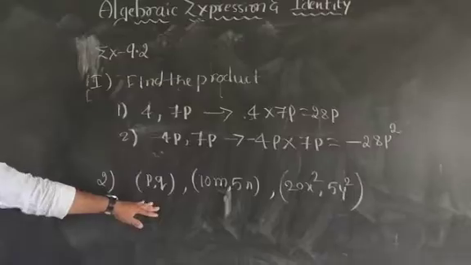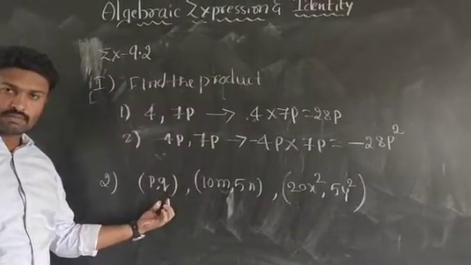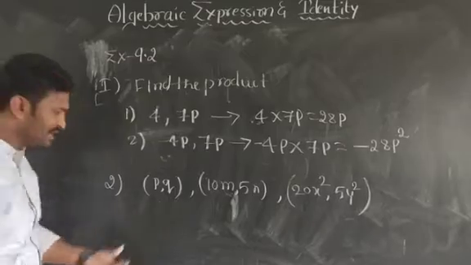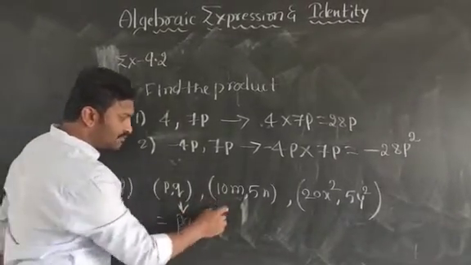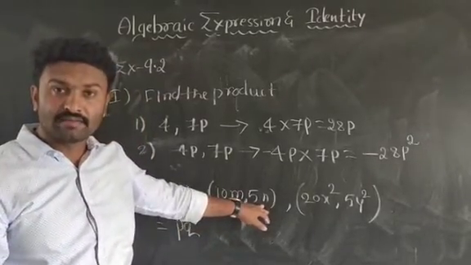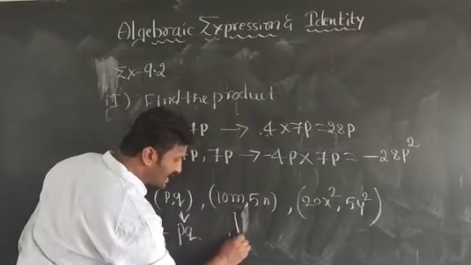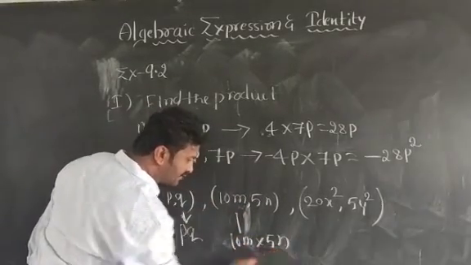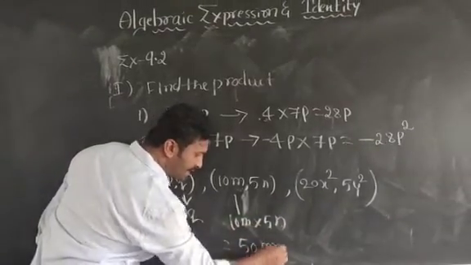And next, in the second main, we have to multiply. The product of p and q is pq. And the product of 10m and 5n: 10 into 5, so you multiply 10m into 5n. This is equal to 10 5s are 50, m into n, mn.